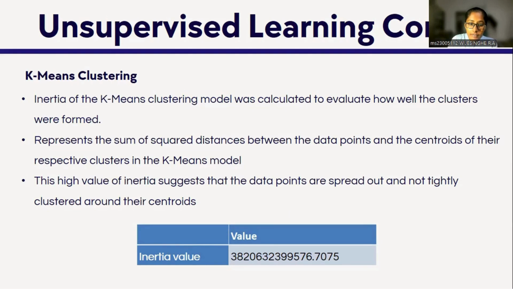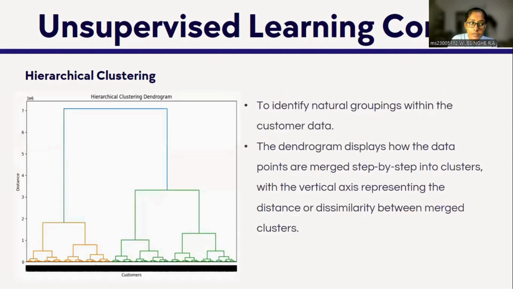Here the high value of the inertia suggests that data points are spread out and not tightly clustered around their centroids.